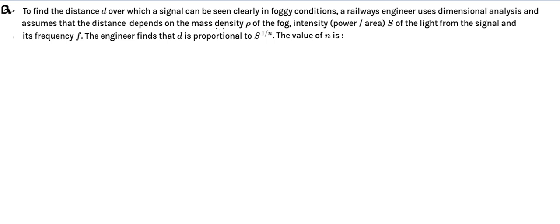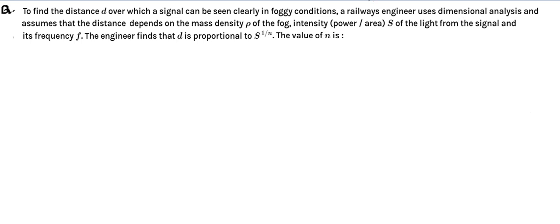So the quantities that are going to come here are the mass density of fog, intensity, which is power per area, S, of the light from the signal, and the frequency f. The engineer finds that d is proportional to S raised to power 1 by n. Then find n. So there is a description of the question and the engineering background.